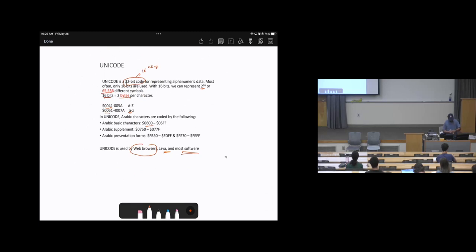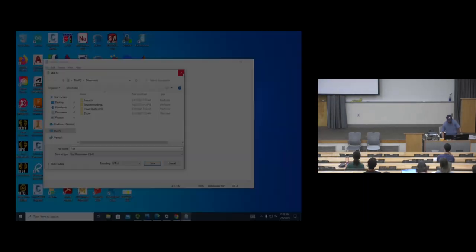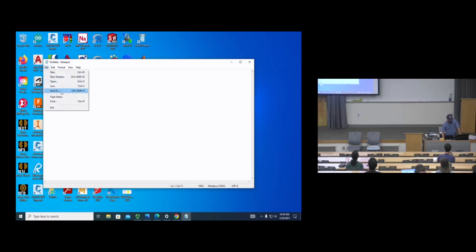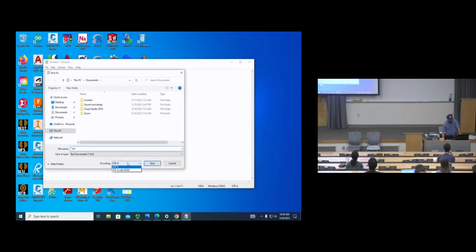Then when you look at the computer, let me show you the computer screen. You will see, for example, Notepad. When you store any word that you write, keep in mind that when you want to save it, it depends on the code here.